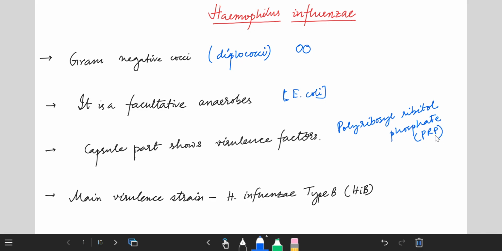This ingredient is responsible for the virulence. Okay, so the main virulent strain responsible for infection by Haemophilus influenzae is type B, or HIB, Haemophilus influenzae type B.